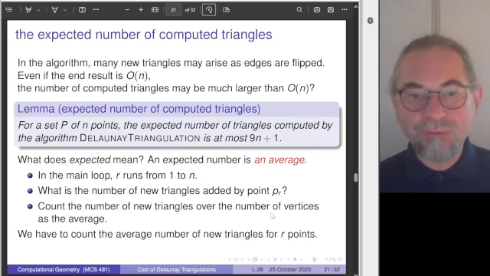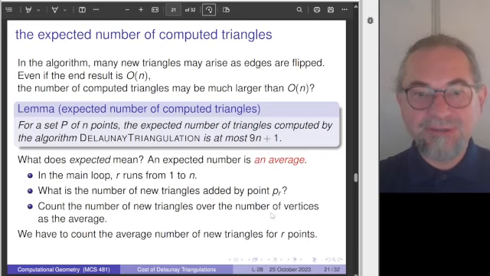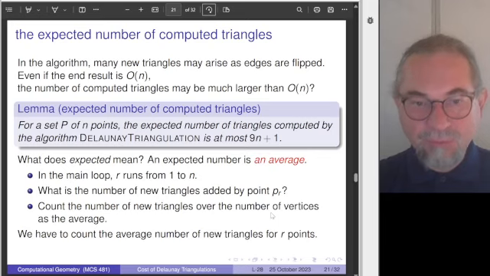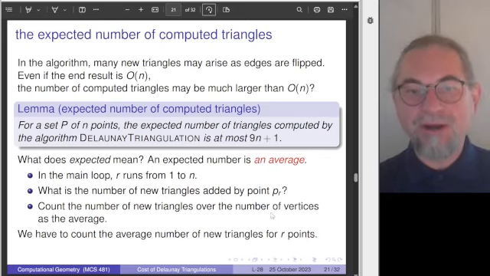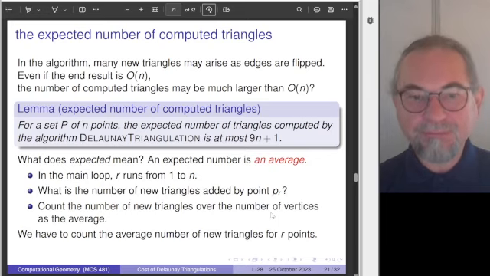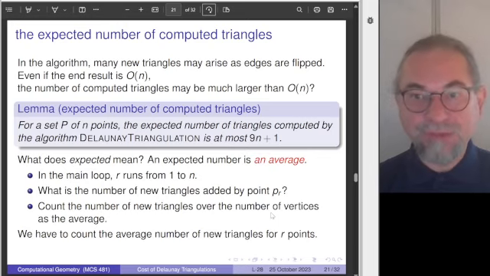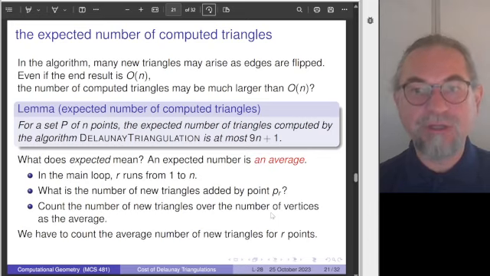What will we do? We will consider the next point, and we will focus on one point. What is the number of new triangles added by the next point? We will count the number of new triangles and average this over the r points, where r is the index of the current point that we are considering.